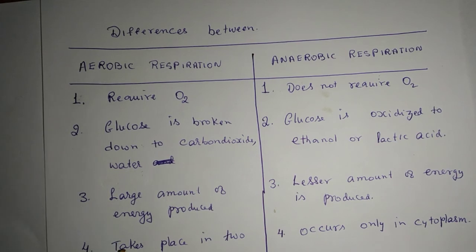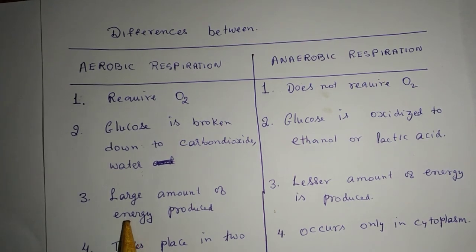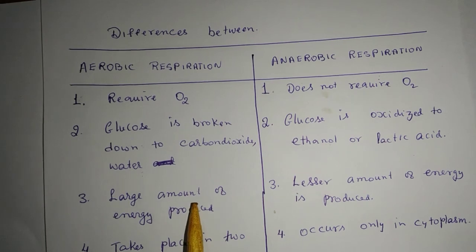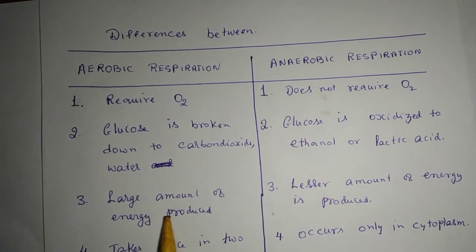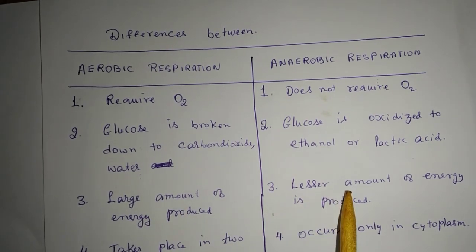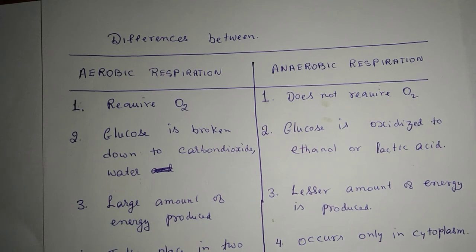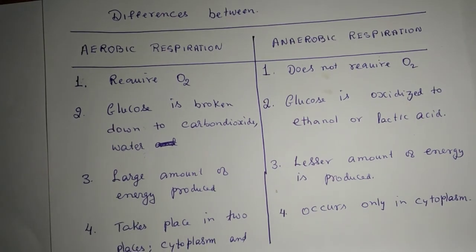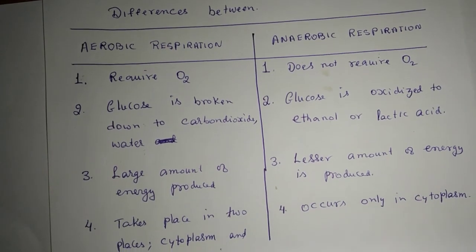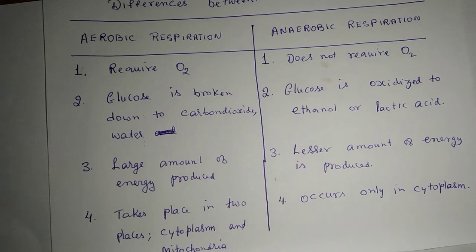Point number 3. In aerobic respiration, a large amount of energy is produced, whereas in anaerobic respiration, a lesser amount of energy is produced, because due to the absence of oxygen, energy production also will be less.